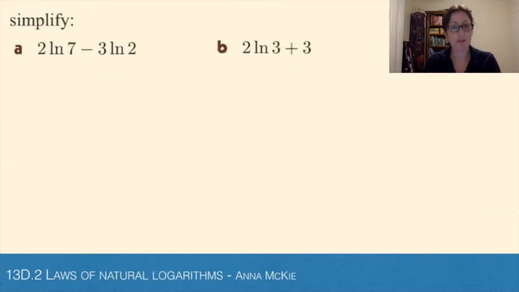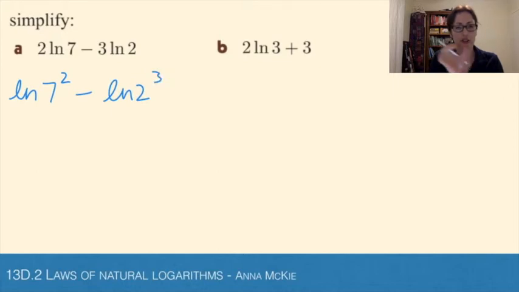Two more examples simplifying that, so probably condensing it to one log. You see the subtract, so you might be thinking, oh, the divide, but it's got those 2 out the front and the 3 out the front. Use the power type of law, where you make that 7 to the power of 2, bring it up there, subtract ln of 2 to the power of 3, and now you've just got two single logs there. And first of all, you might simplify them.